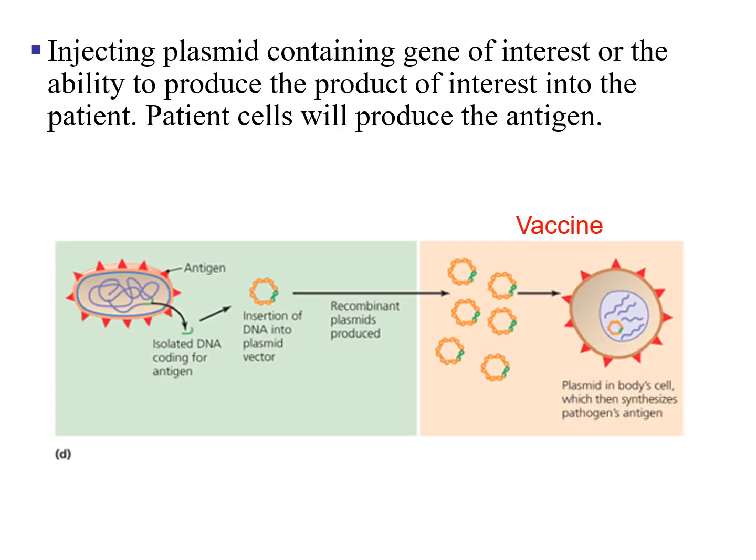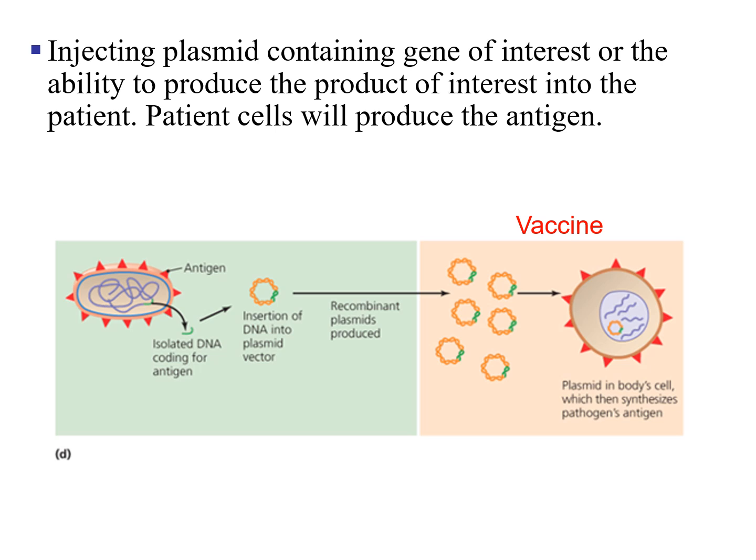Here's another type. Injecting a plasmid containing the gene of interest into the patient, or the ability to produce the product of interest in the patient. So either you put the plasmid into the patient, the plasmid has a gene, and the gene produces a protein. Or I can introduce the actual mRNA, and the mRNA is then going to produce the protein.